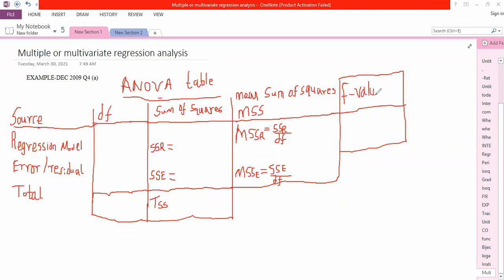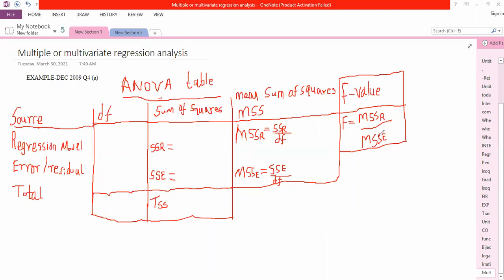The F value computed, or the F statistic, is given by the mean sum of squares due to the regression. You divide this one by the mean sum of squares due to the error term. And you can now perform a test using the F table if that is actually provided.